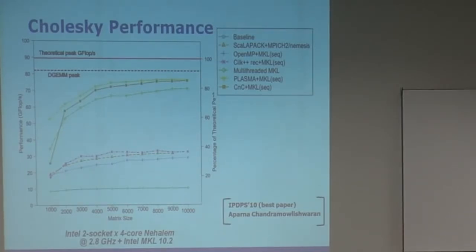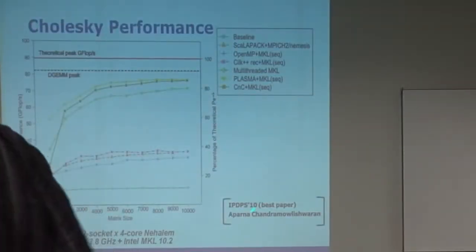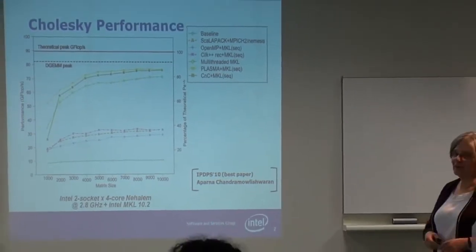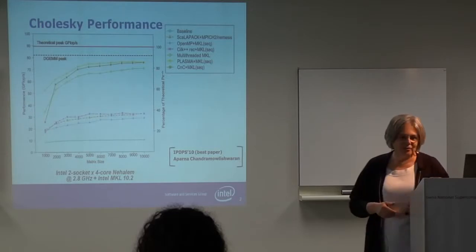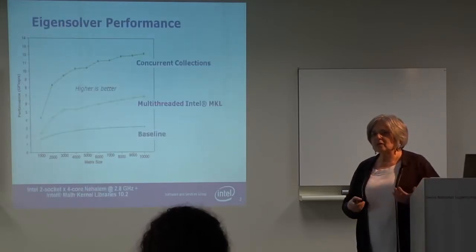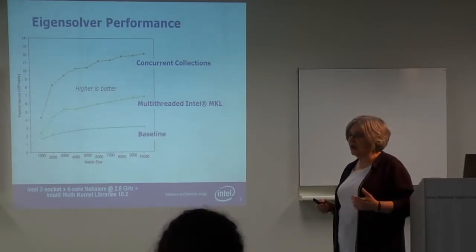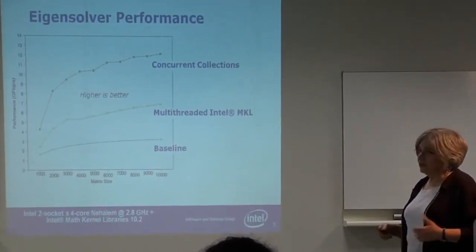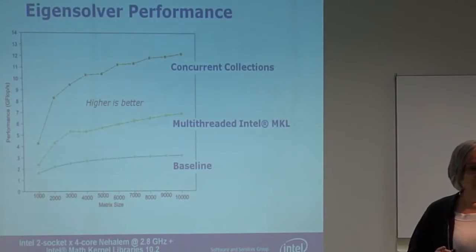She won the Best Paper Award at the recent IPDPS this year for this work. Cholesky is a piece of the eigensolver, so it's used, I think, three different times within the eigensolver. So the eigensolver is quite a bit bigger. And here's the baseline. Here's multi-threaded MKL, and here is Concurrent Collections. So it performs well.